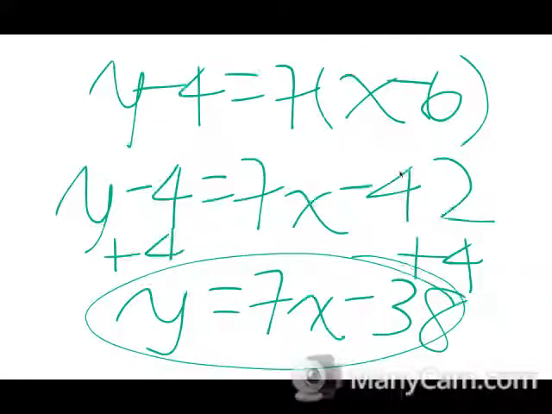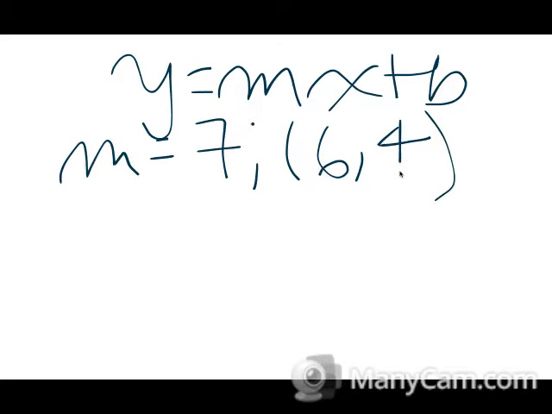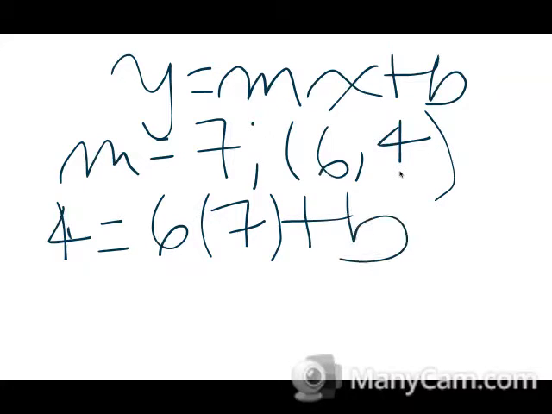Or we could do it the way that you've all known, the y equals mx plus b, where m equals 7 and the point is (6, 4). So we have 4 equals 6 times 7 plus b.